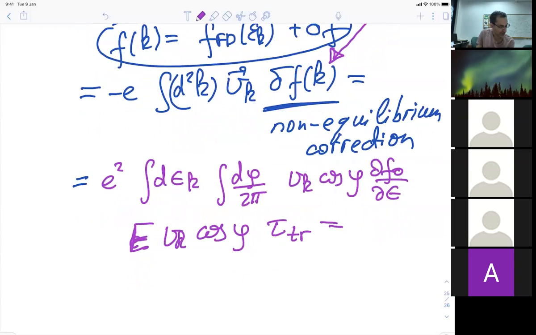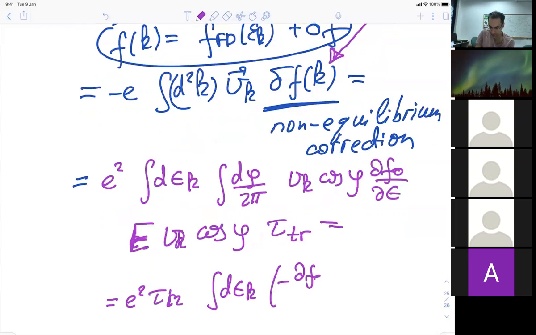And all this becomes E squared tau transport integral over d epsilon k, minus df0 over d epsilon, Vk squared in the direction, and cosine phi squared averaged over phi.